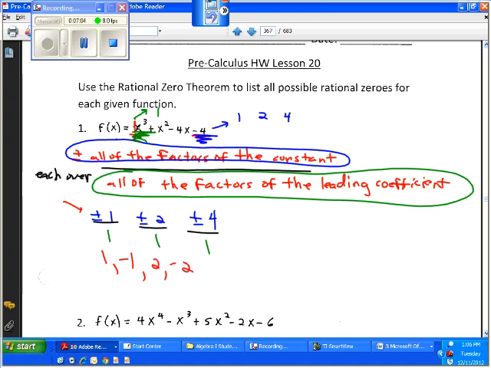Negative 2 over 1, which is negative 2. Positive 4 over 1, which is positive 4. Negative 4 over 1, which is negative 4. Least to greatest, that would be negative 4, negative 2, negative 1, 1, 2, 4.